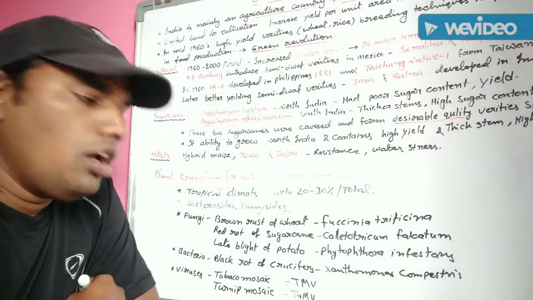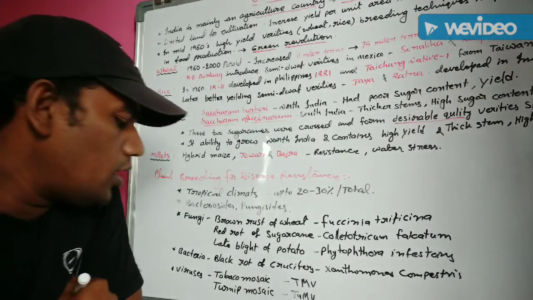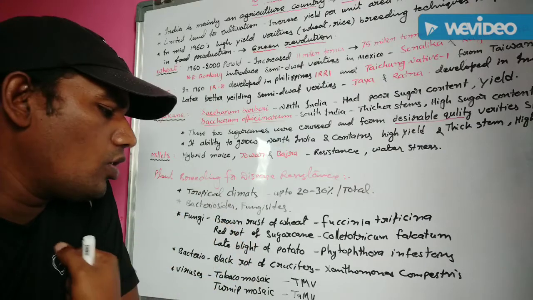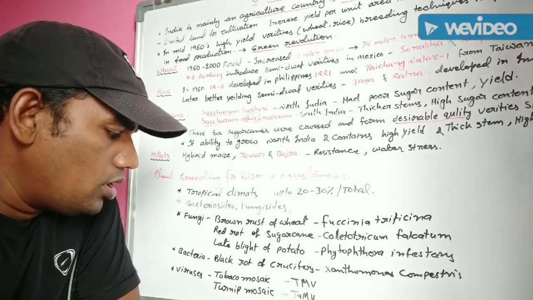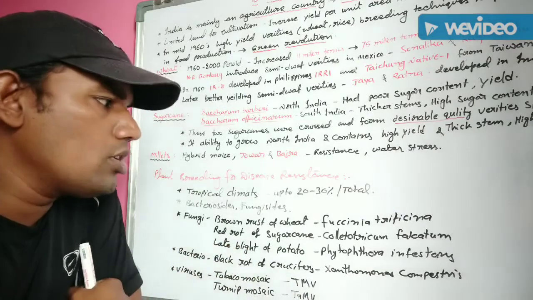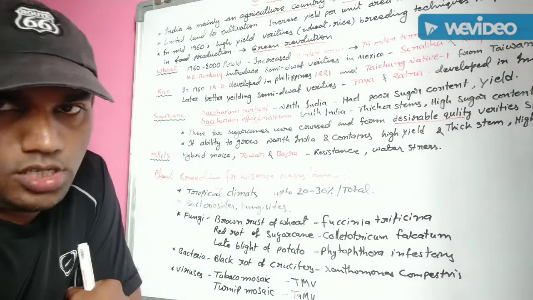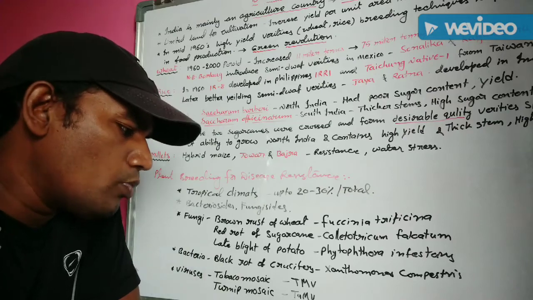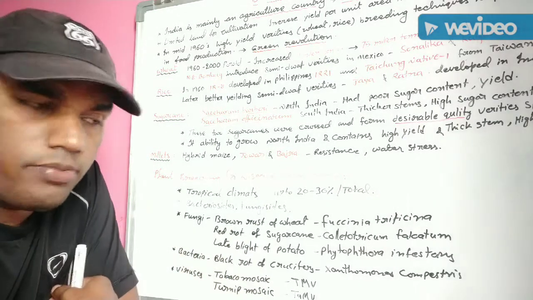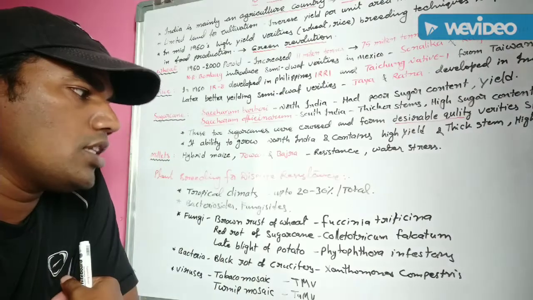So in turmeric, the yield is also decreased by turnip mosaic virus, up to 20 to 30%. This turnip mosaic virus causes turnip mosaic in turmeric and also decreases the yield.